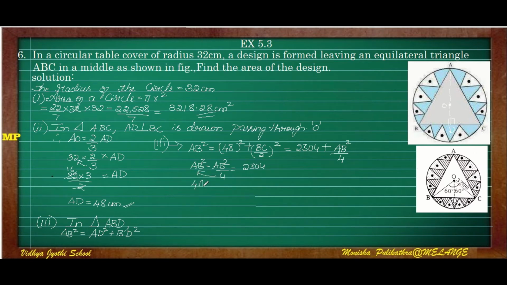By cross multiplication we will get 4AB square minus AB square, whole divided by 4, is equal to 2304. So which is 3AB square by 4 is equal to 2304. So 3AB square is equal to 2304 into 4.